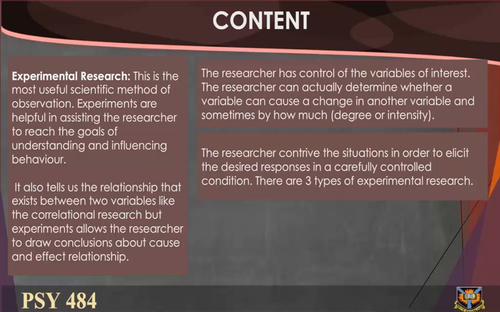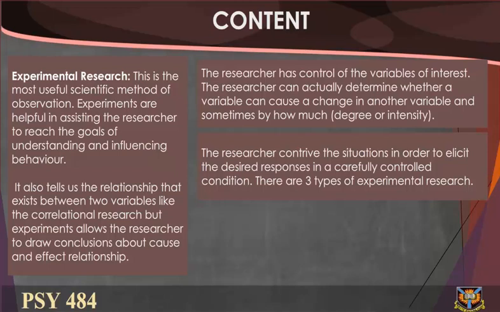Experimental research. This is the most useful scientific method of observation. Experiments are helpful in assisting the researcher to reach the goals of understanding and influencing behavior. It also tells us the relationship that exists between two variables like the correlational research, but experiment allows the researcher to draw conclusions about cause and effect relationship.